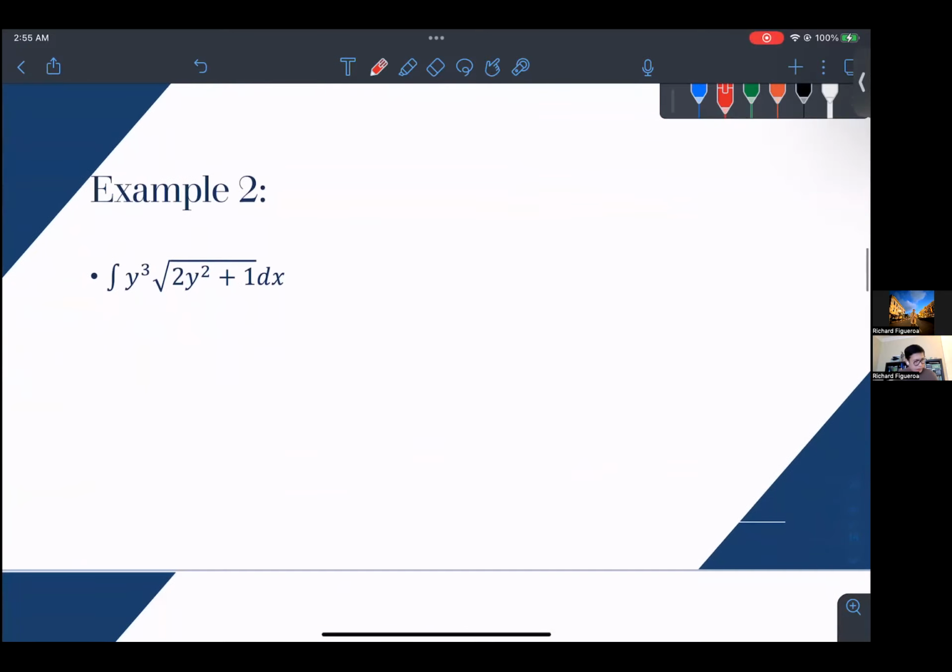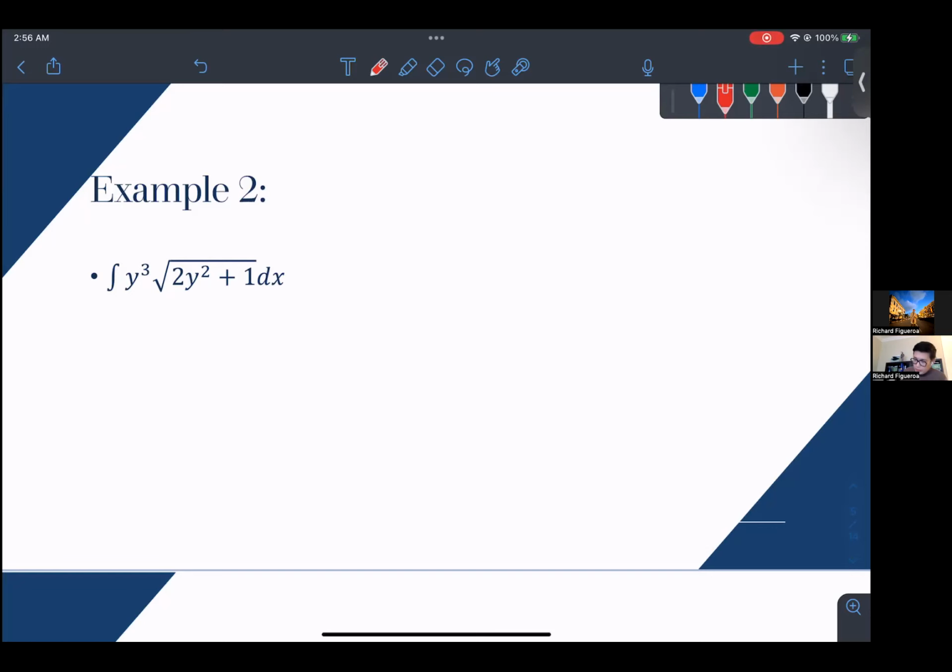So let's have the second example. For our second example, we have the integral of y cubed times the square root of 2y squared plus 1. So in this case, we just need to identify which will be our u.